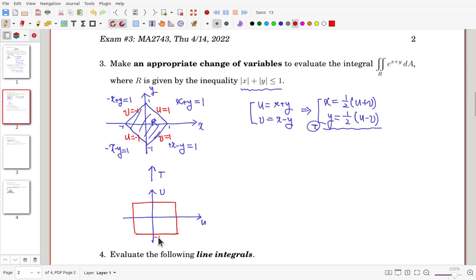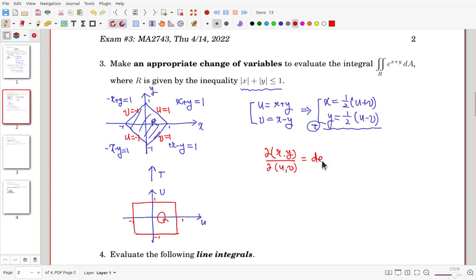V is from minus 1 to 1. U is from minus 1 to 1. That is Q. Right? Now, the integral can be done over Q, but you have to find the scaling factor. In the notation, there's round xy over round uv, right?